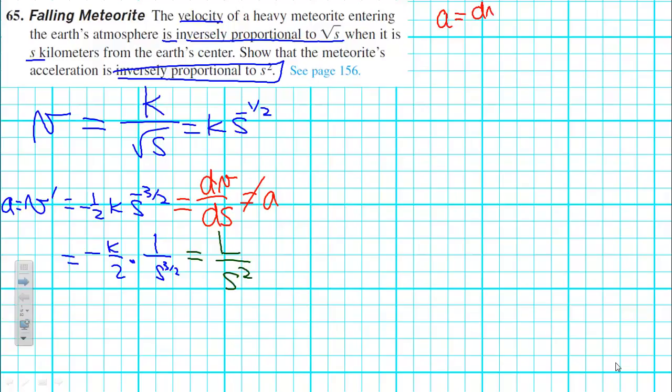Acceleration is a change in velocity with respect to time, right? What I have here is dv/ds. That's what I got out of this motion. But what I want is dv/dt. How does velocity change with respect to time?